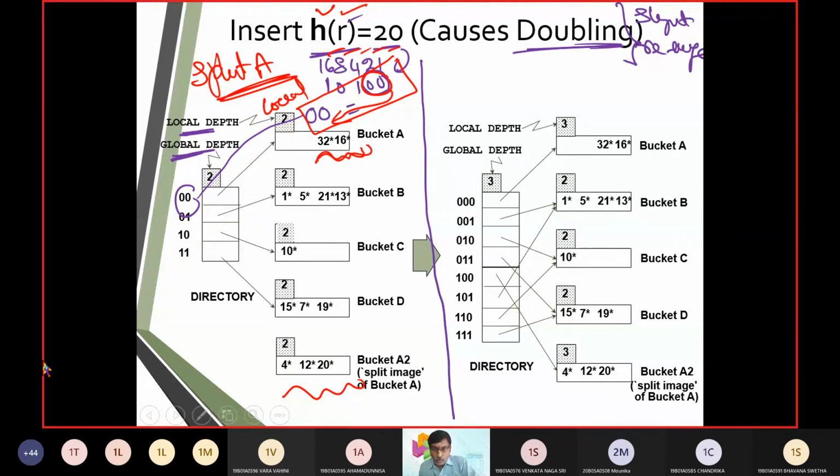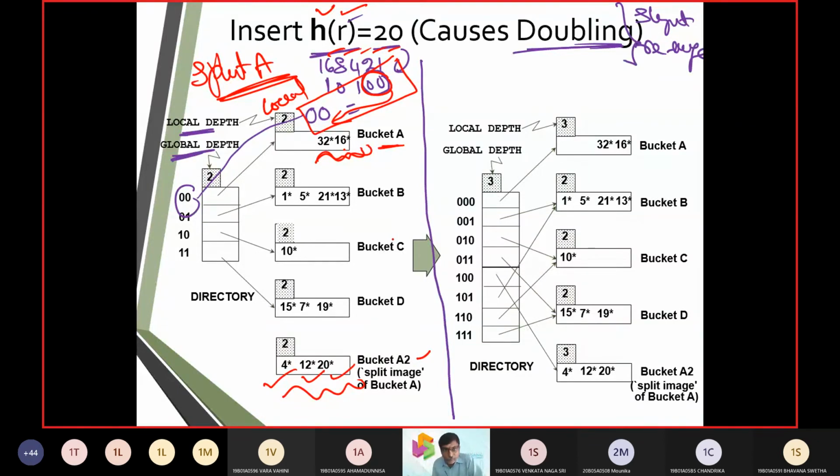Fine. So now the question was, why did we put 32 and 16 here? Why did we put 4, 12 and 20 here? Why did we not keep 4, 12, 20 in the first position? Why didn't we put 32 and 16 in the second?